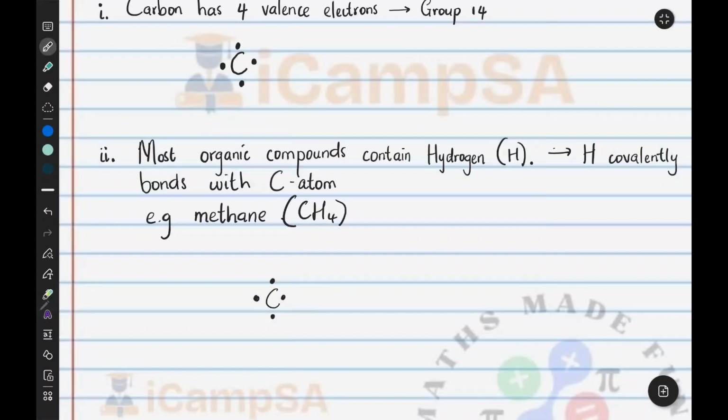Hydrogen has one valence electron, which means it needs one extra, so it comes and shares with the carbon atom. Sorry, I don't know why I said oxygen. So now you have 4 hydrogen atoms sharing with the carbon atom to form methane.